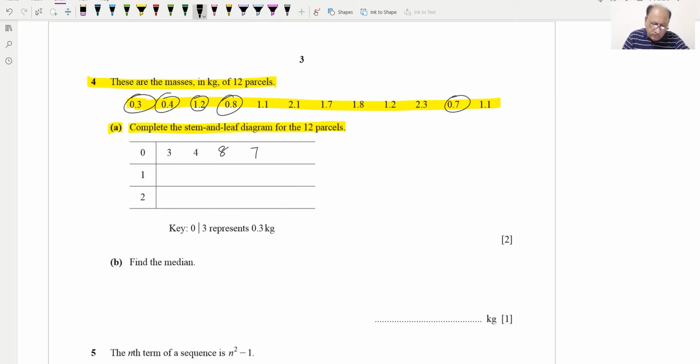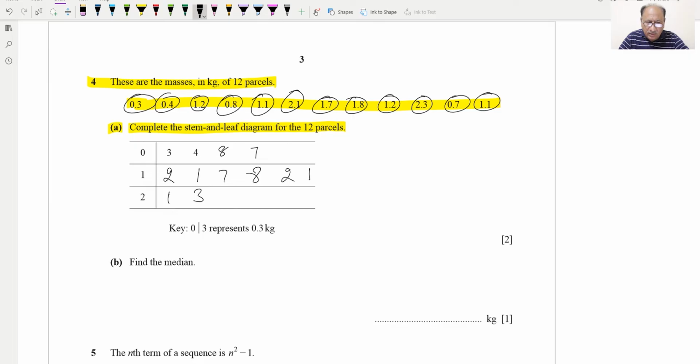Whatever we are writing, we circle that one. So 0.2, then 1.2, 1.1, then 1.7, 1.8, there is 1.2 once again, and then 1.1 also, and similarly 2.1, this one, and 2.3. So these are all written.